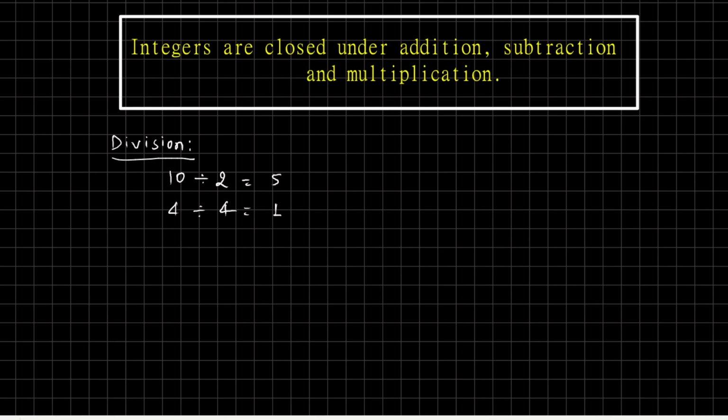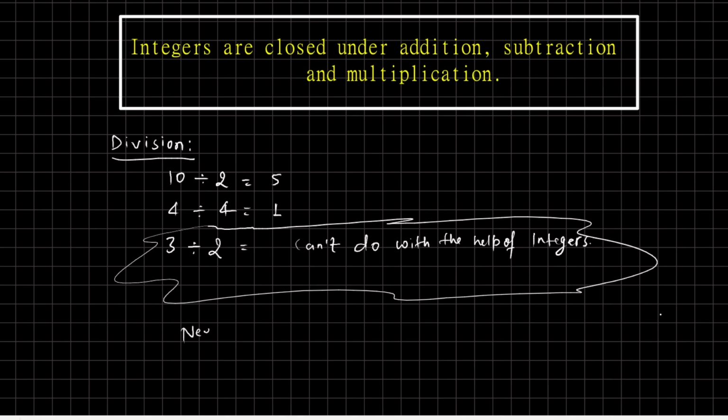But when we want to divide 3 by 2, we just can't do it with the help of integers. We need some different kind of numbers.